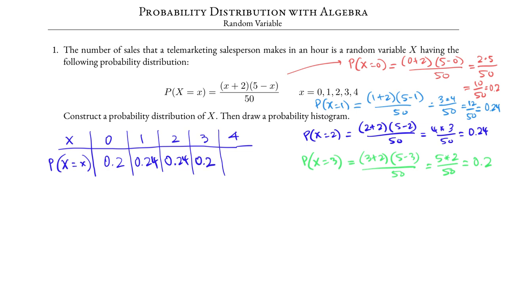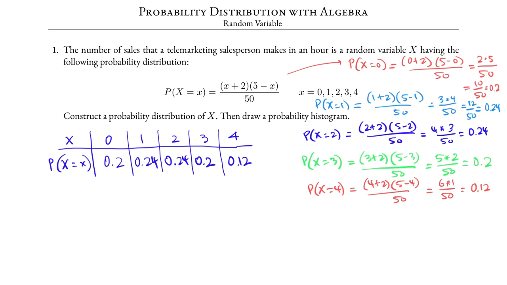And lastly, P of x equals 4 equals 4 plus 2 times 5 minus 4 over 50. And this is 6 times 1 over 50, which is 6 over 50, or 0.12. And so we found all of the corresponding probabilities for each value of x.